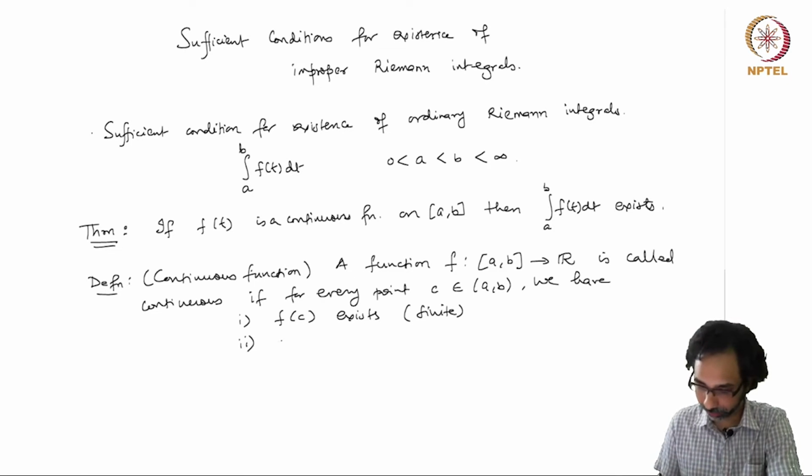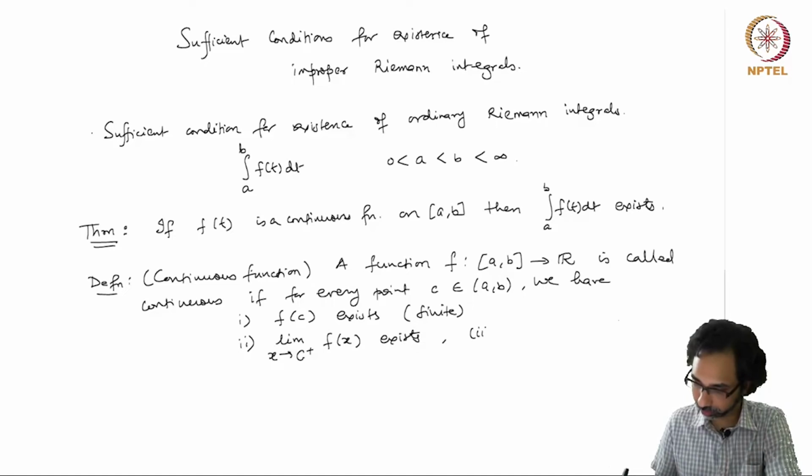Secondly, the limit as x tends to c plus of f(x) exists. Third, the limit as x tends to c minus of f(x) exists.